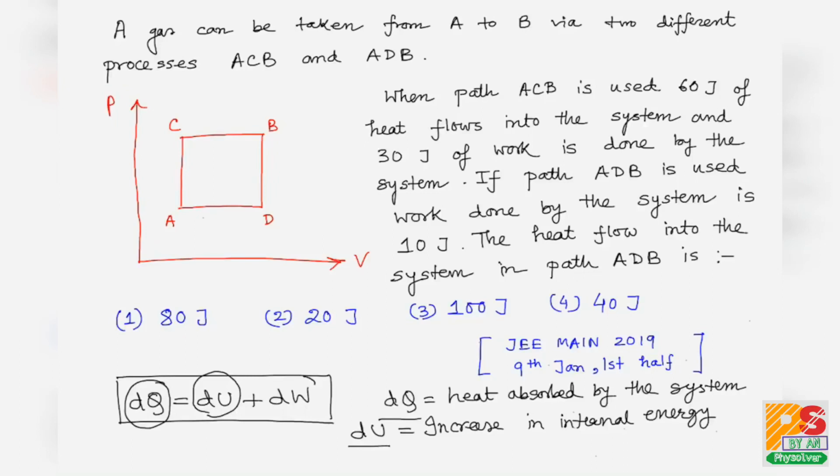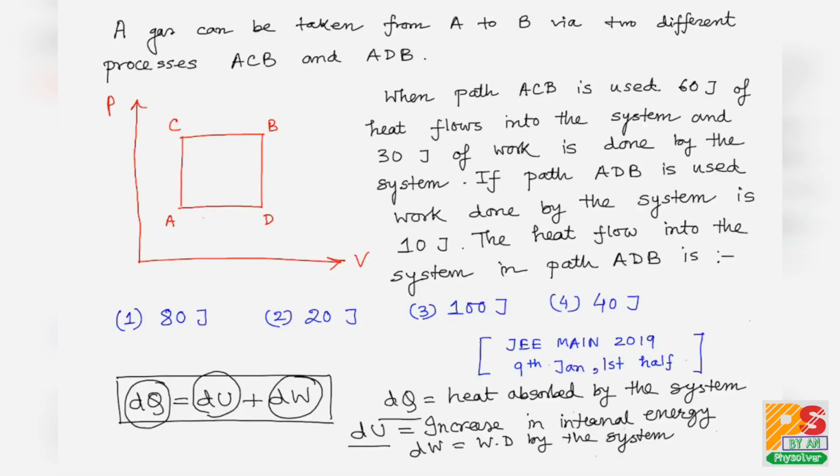And coming to the third term, dw. dw is the external work done by the system. So like before, I can say if work is done by the gas or by the system, then dw is positive, and if work is done on the system, then dw is negative.